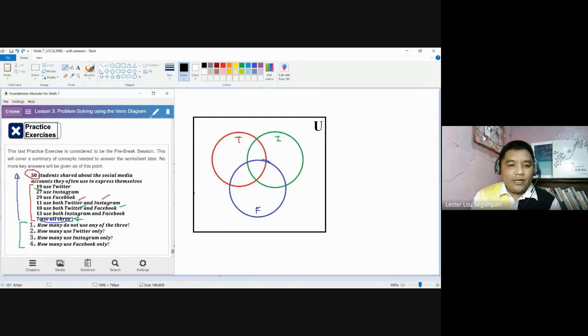As I mentioned earlier, let's start bottoms up. From the bottom, and then we move up. When you say move up, let us first place the values in the given. Okay, from bottoms up.